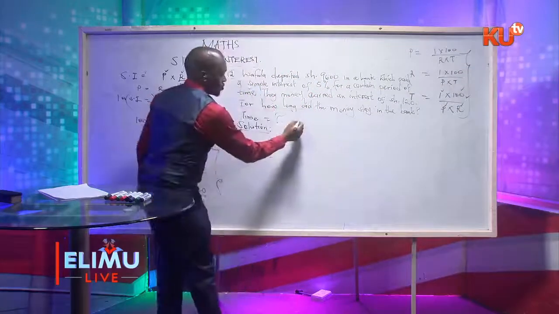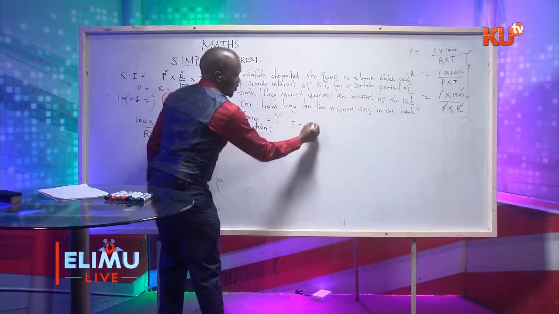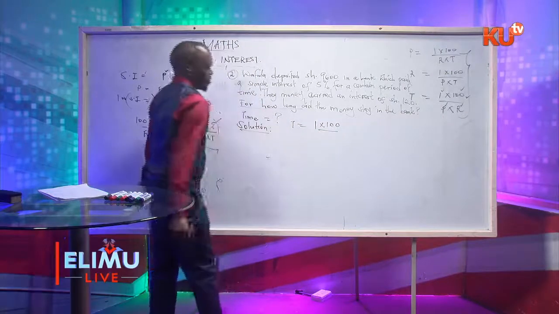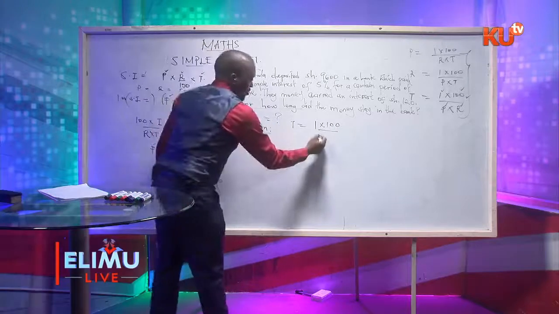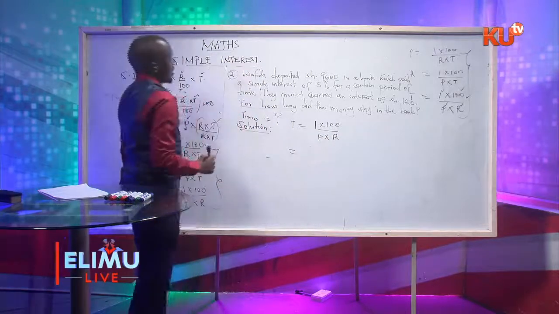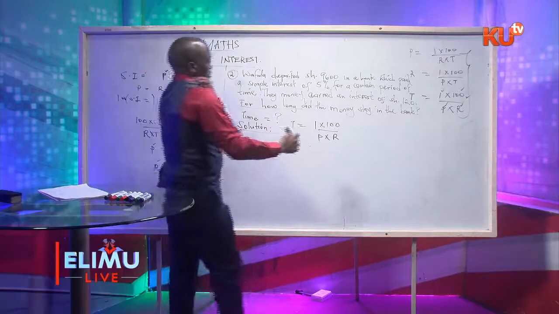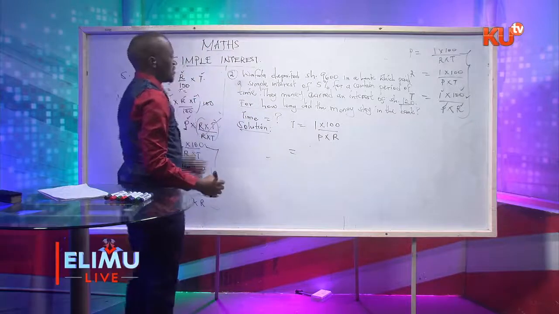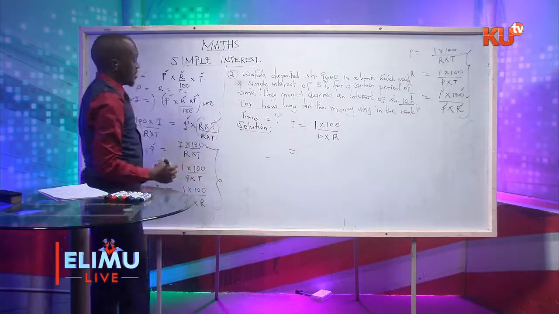So time is equal to interest. Always write the formula so that you know what you are dealing with. So we shall say the interest here is 120.